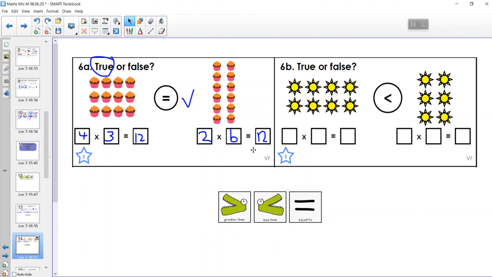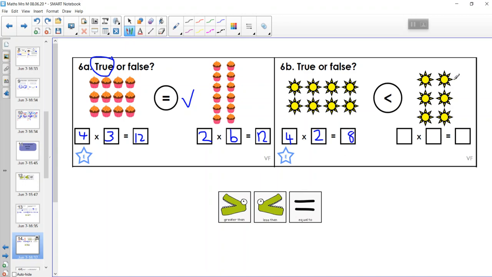Okay, let's look at this together. Is it true or false? This is less than. So I've got 4, 2 times. 4 times 2 is 8.